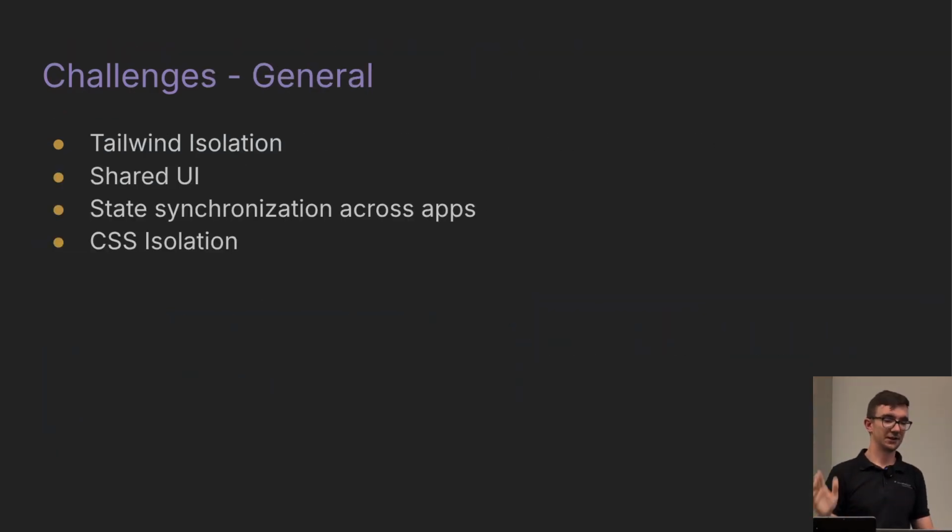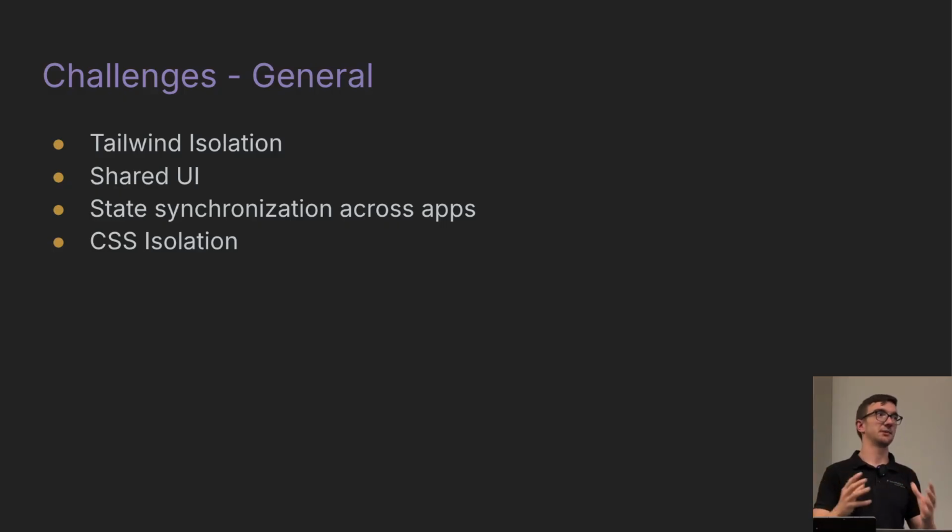Quick overview of the general challenges we had. You need to isolate Tailwind. As you saw, we had two slides, so it's not straightforward. We also have the topic of how to share UI across all apps, because you don't want different teams to build different UIs, so your web app will just look like Frankenstein's monster.